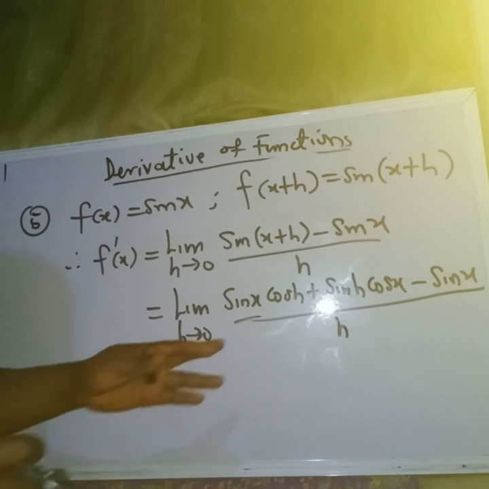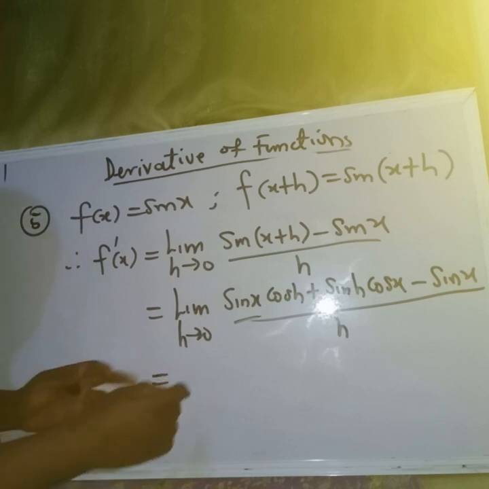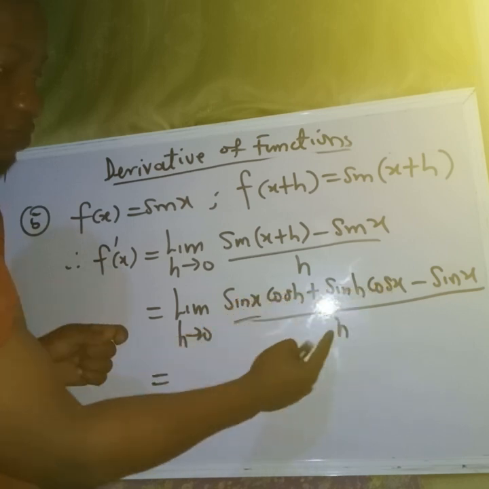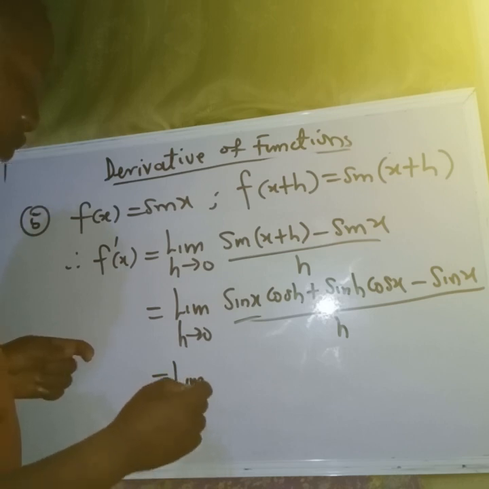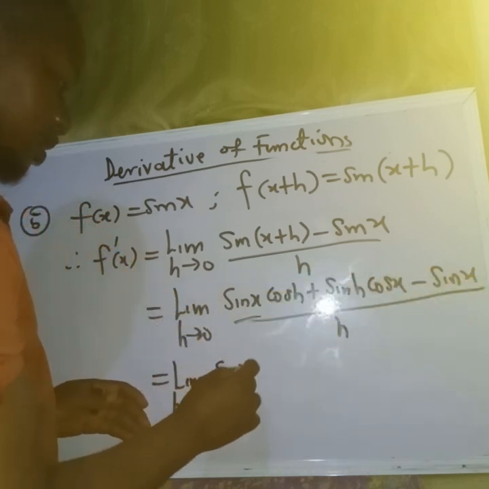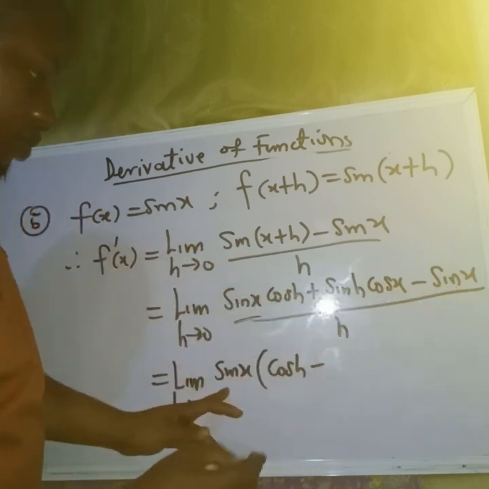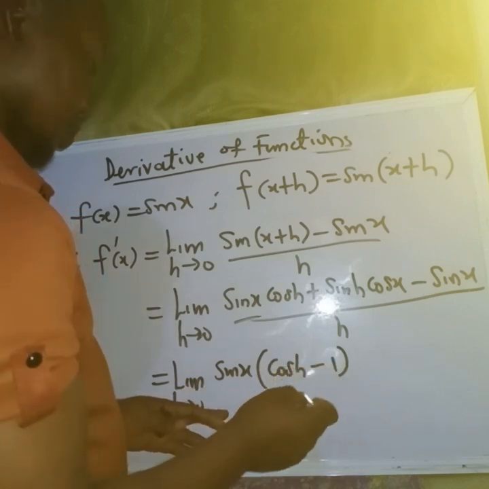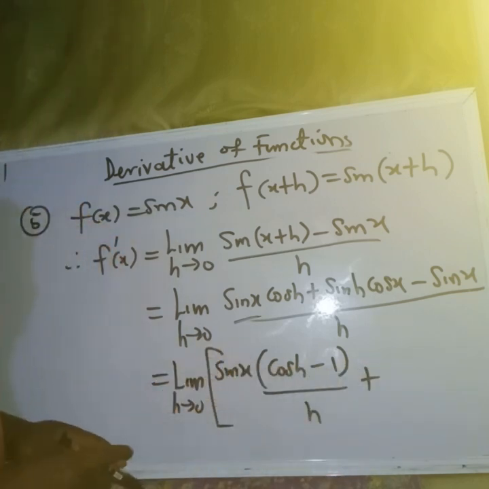Here the term sine x is common, so we can group these into two, and then apply the limit on each of them. Since all these terms have one denominator, this is the limit as h tends to 0. The first part groups sine x, so we have sine x into cos h minus 1, where we distribute the denominator h on each of them, giving it a bigger bracket.